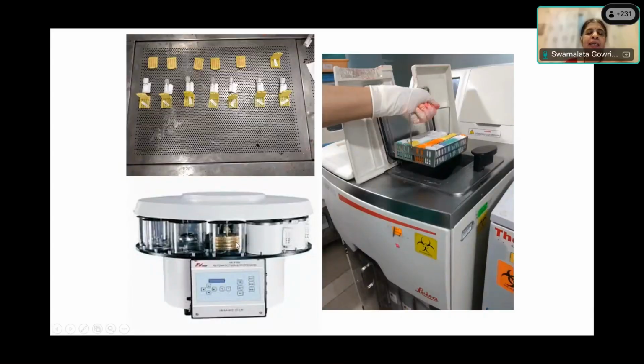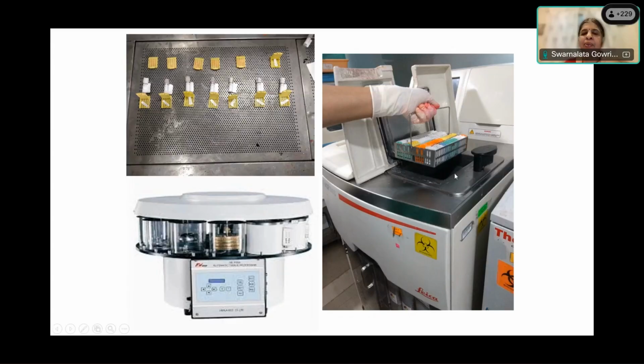And here, the blocks in this carousel go from one container to another, depending on the program. In these closed tissue processors, the cassettes are stacked like this. You can have color coding of cassettes so that they know which ones are urgent, which ones can be done late, and so on.